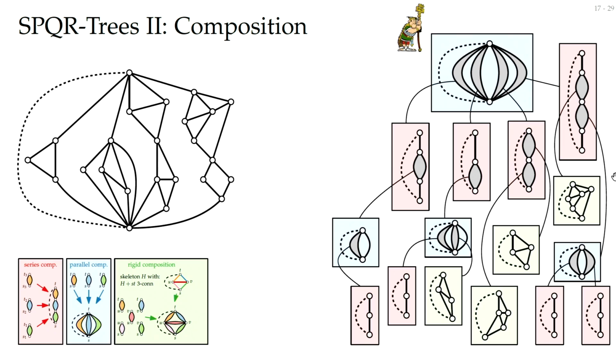So if you do the decomposition or you do the composition, you will get exactly the same SPQR tree, except maybe different roots. So it can be rooted in a different edge, depending on how you choose it. But everything here is the same. No matter which way you do it, you will get exactly this SPQR tree. And the nice thing is here, we can much better understand what everything does.